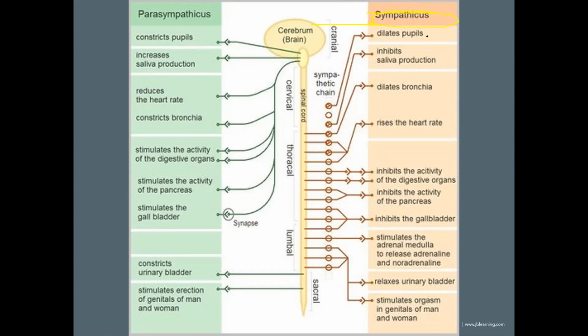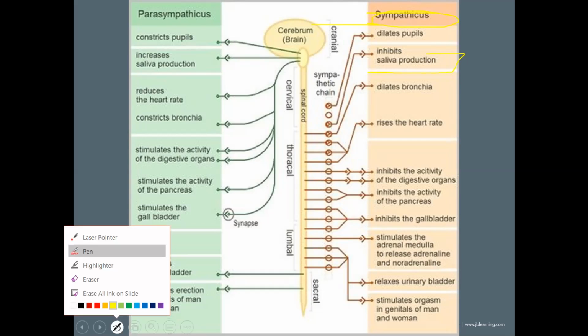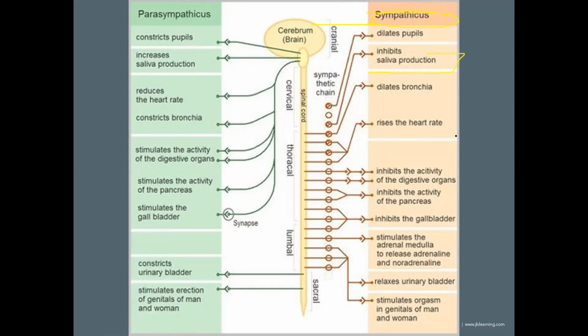Well, in order to do either of those, you have to be able to see that saber-toothed tiger. So our pupils will dilate. We don't really need a lot of salivary gland production. We do need to either run or fight. When we run or when we are doing something, we have to be able to breathe in a lot of air.